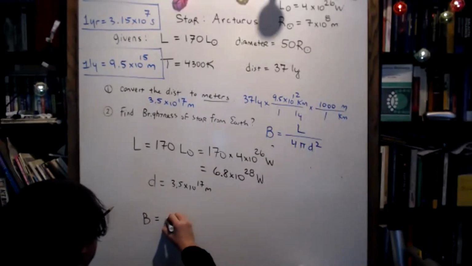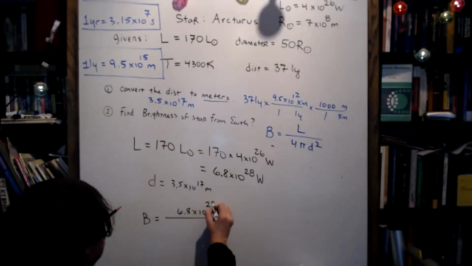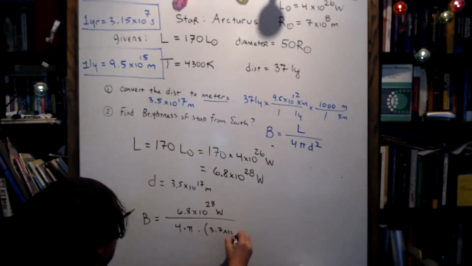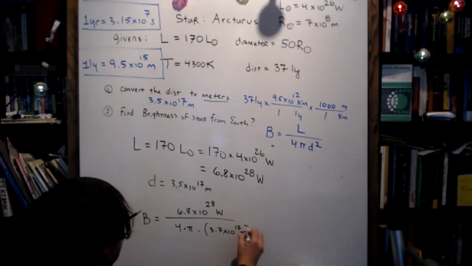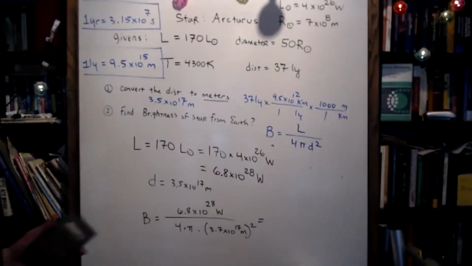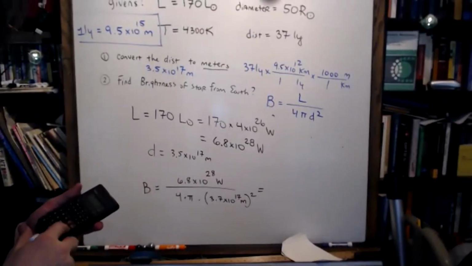Brightness equals 6.8 times 10 to the 28 watts over 4 pi times 3.5 times 10 to the 17 meters squared. Let's punch them up.